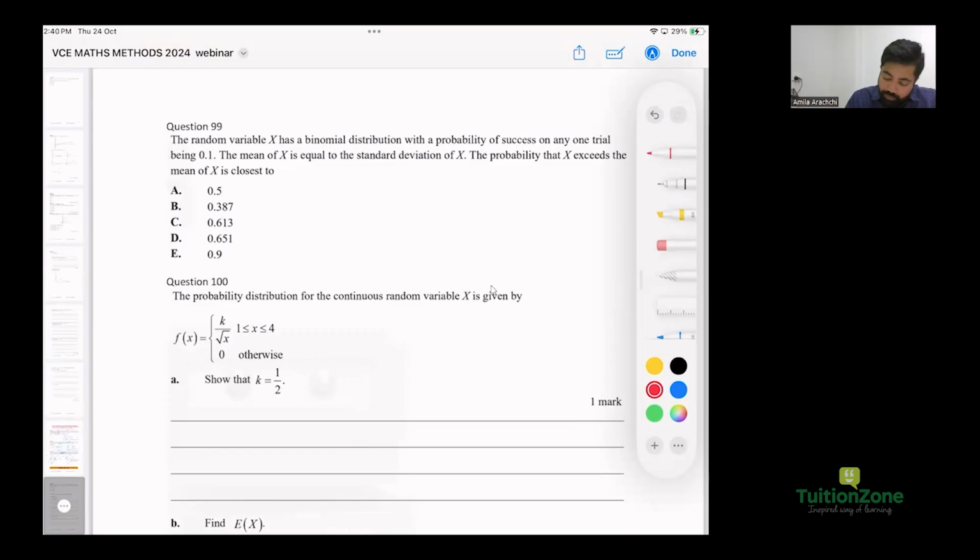Binomial. Bit of thinking. Read first and try.